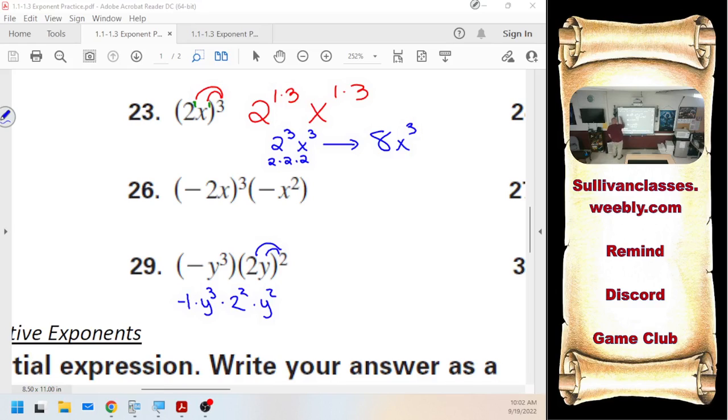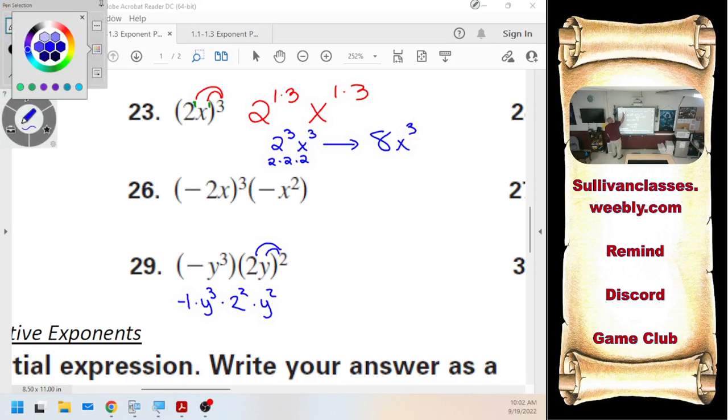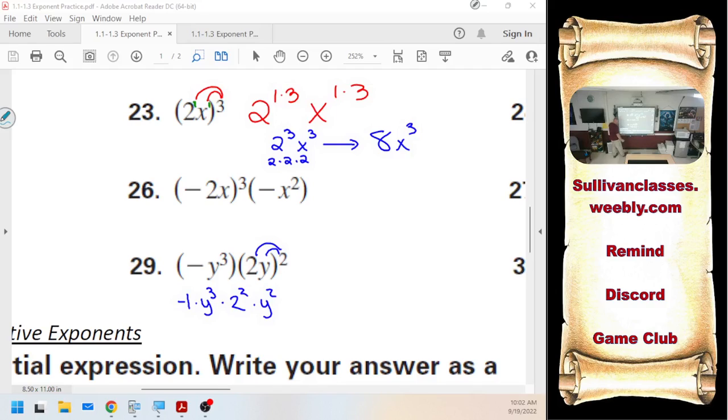And then step 2 of the process is numbers with numbers, y's with y's. I turn that into -1 times, what is 2 squared? Okay, 4. And a y to the third and a y to the second. What do I do with y to the third times y to the second? Add the exponents.